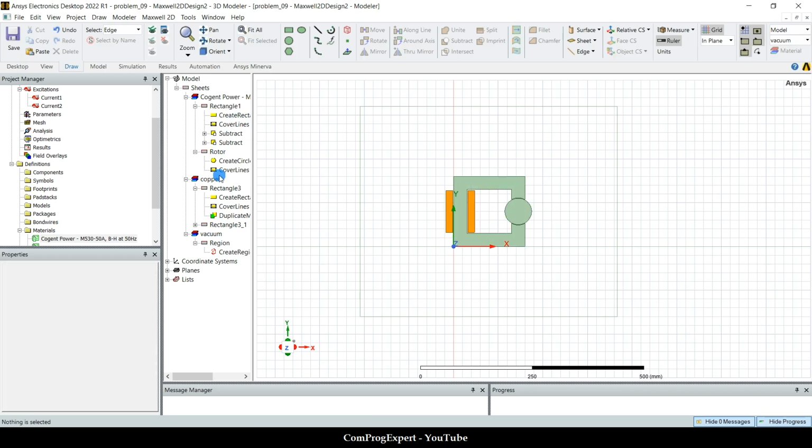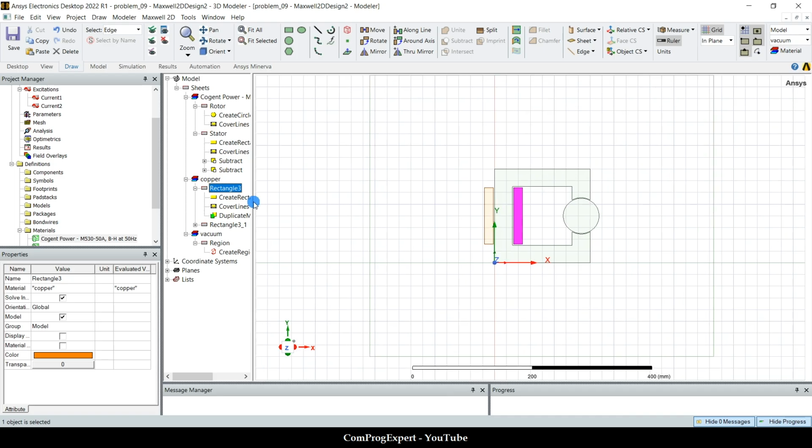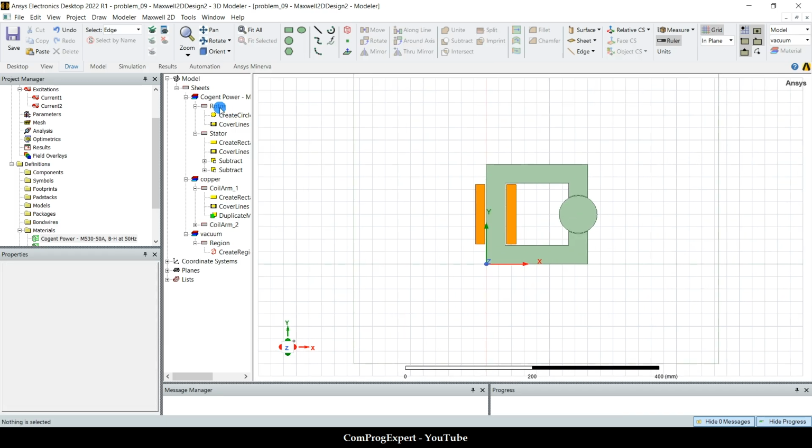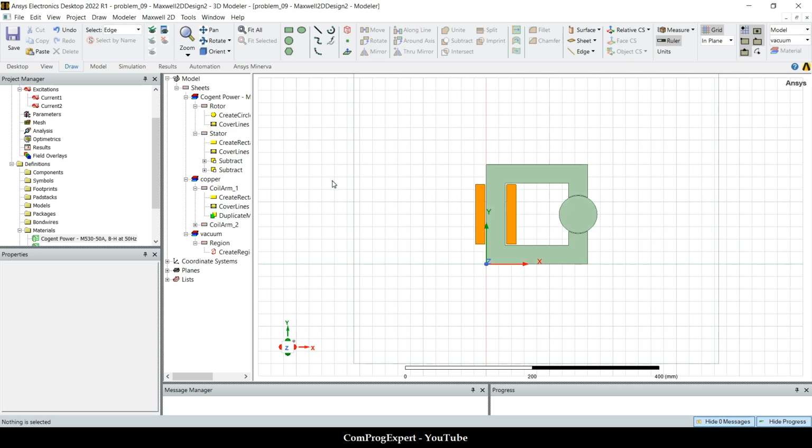This is the stator. Stator. And we have these two coil arms. This is the coil arm 1, and this is the coil arm 2. We have these two coil arms. The rotor, stator, coil arm 1 and coil arm 2.